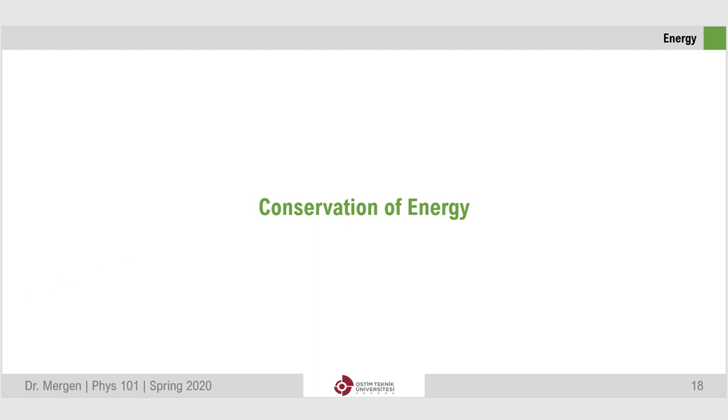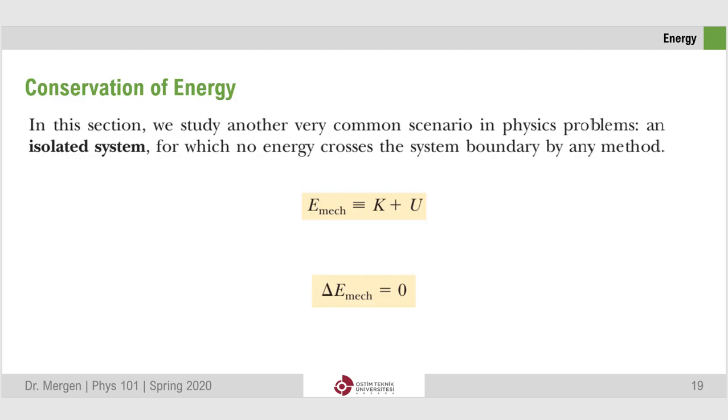Let's continue with the conservation of energy. When you isolate a system from its surroundings, in other words, if you can stop any work interaction between a system and its boundaries, the total mechanical energy of the system will remain constant. For an isolated system, the change in the mechanical energy is zero all the time.